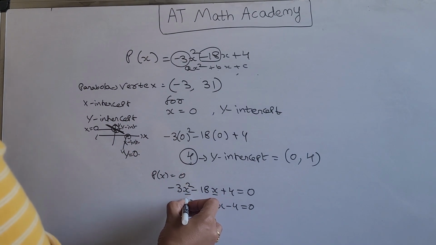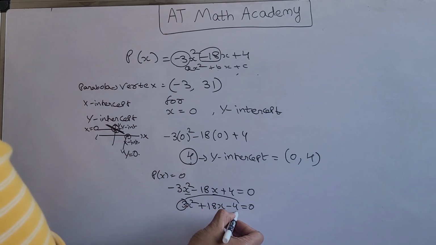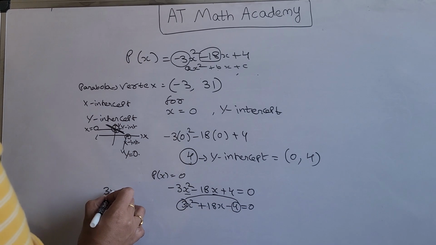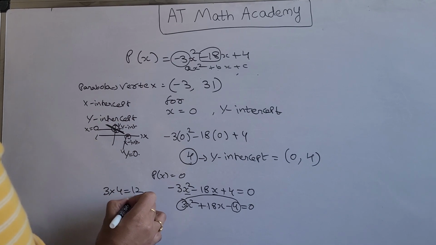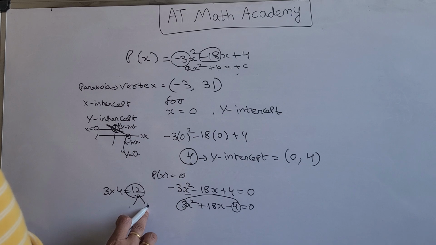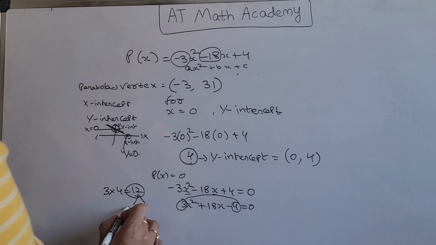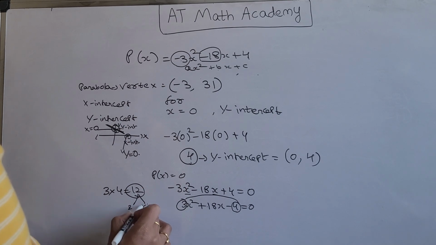In my earlier videos I have shown you how to factorize a quadratic expression. So 3 and 4 when multiplied give us 12. We need to think of two numbers such that when they are multiplied they give us 12, and when they are added they give us 18. Let's start with the 2 table, 2 and 6 is 12, and 3 and 4.